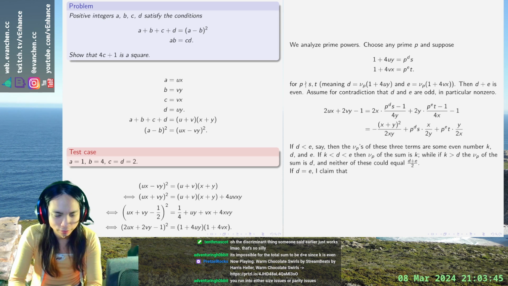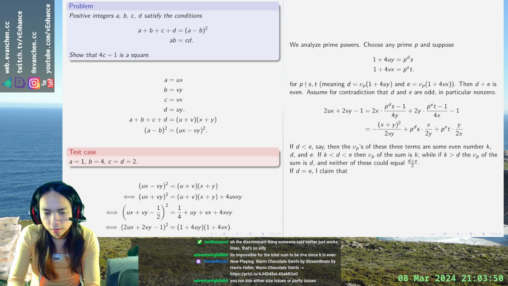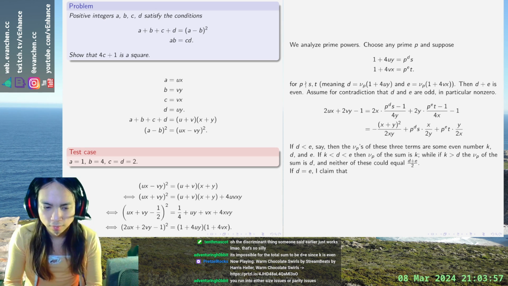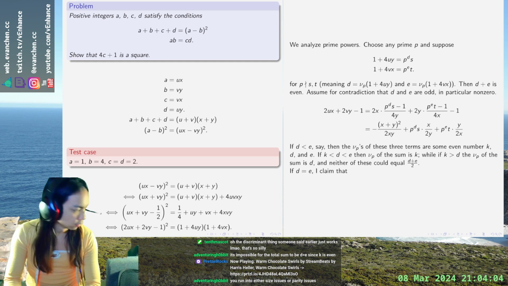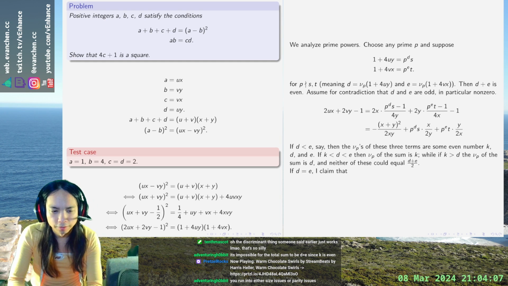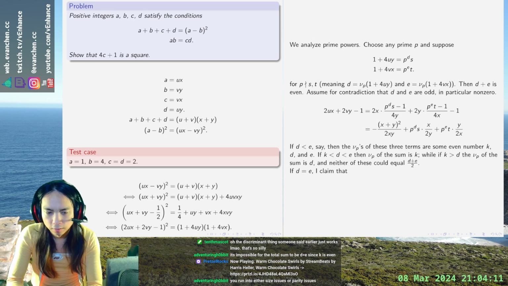Either size issues or parity issues. Okay, so if K is strictly less than D equals E, then VPS is still equal to K, which is less than.